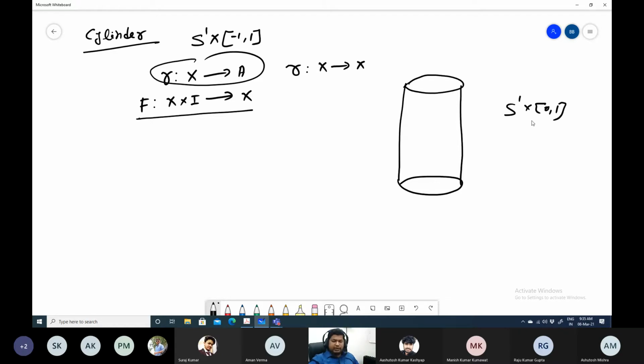Now, how will you make a deformation retract to a circle? What will be your circle first of all? Which circle do you want this space to deformation retract to? Can you give me a circle first, and then you can define this map. The circle at (0, 0) with radius 1. Right. So do you mean this circle?